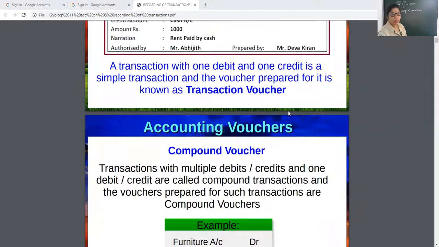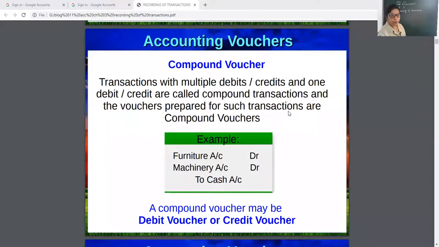Then the compound voucher. A compound voucher is a voucher which has multiple debits or multiple credits. One debit and multiple credits are called compound transactions, and the vouchers prepared for such transactions are known as compound vouchers. A compound voucher may be debit, may be credit.